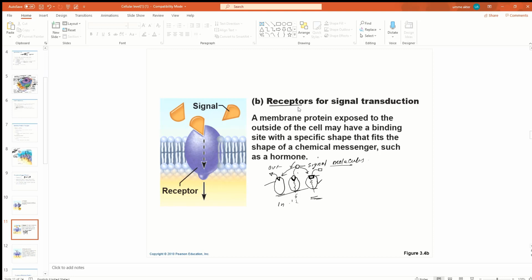So that's how different integral proteins work as receptors, and when the binding occurs, the signal goes inside the cell, and the DNA and RNA start to work, and that is how medicines or hormones work on the cells and activate them. So some integral proteins present in the cell membrane work as receptors.